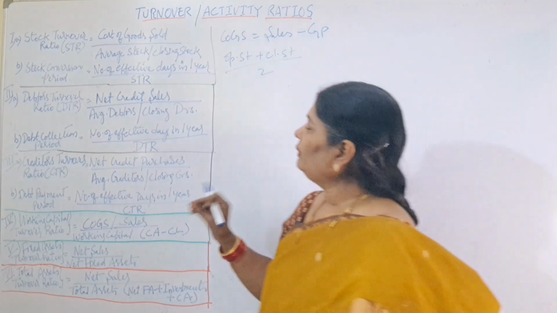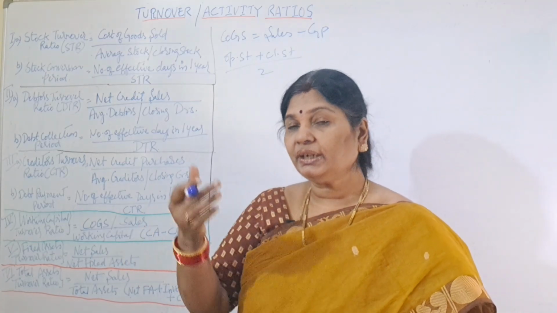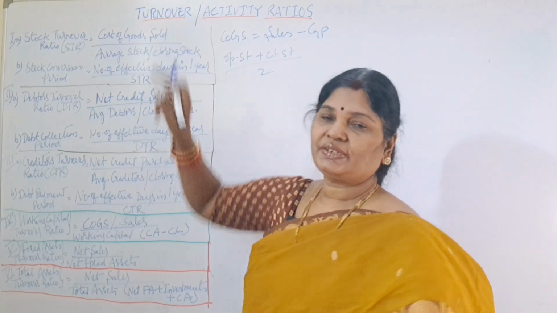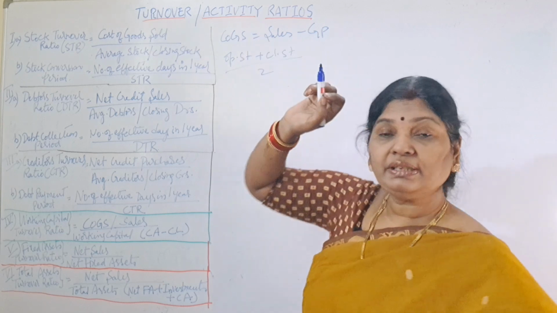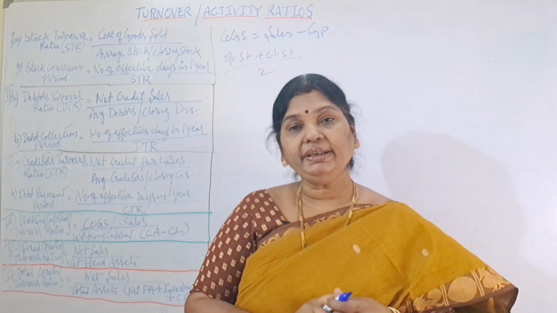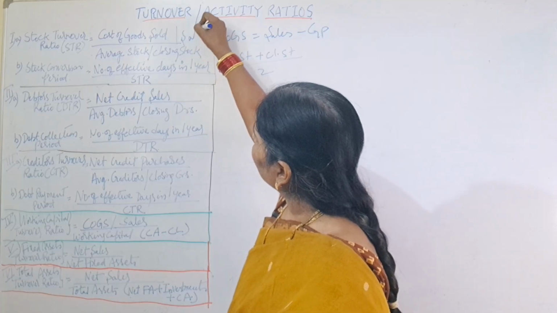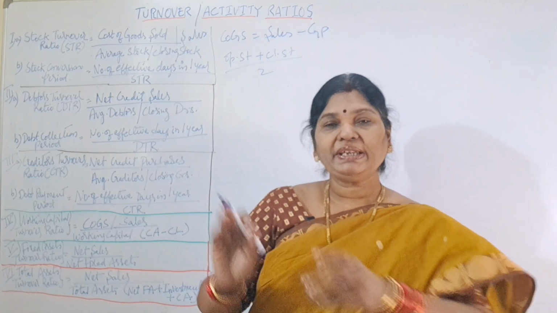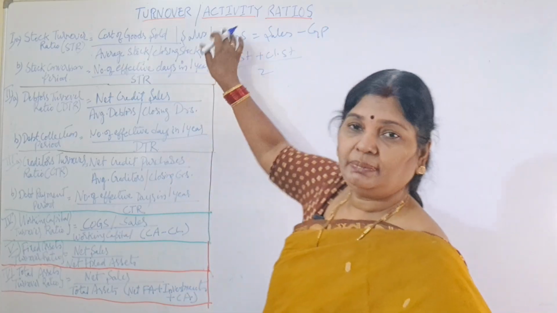If you are unable to get the data relating to average stock, you can take closing stock. If cost of goods sold is also not available, you can take sales here. Is it clear? Based on the available data in our problem, we can use our formula.